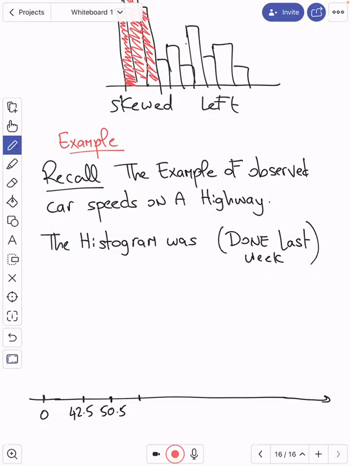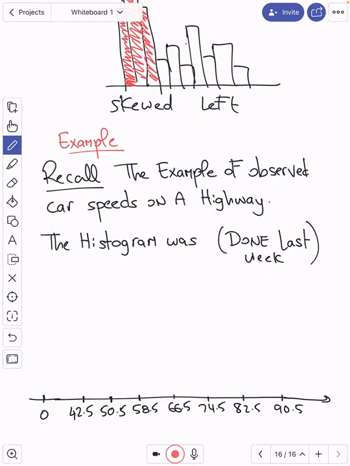Thank you, yes, the next one, 58.5. And then 66.5, 74.5, and then I think 82.5 if I'm not mistaken, and then 90.5. The width was 8, right?